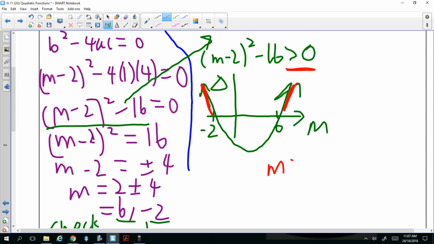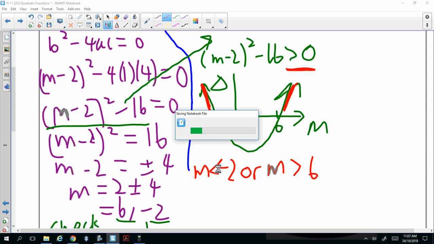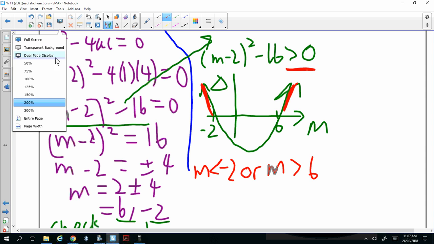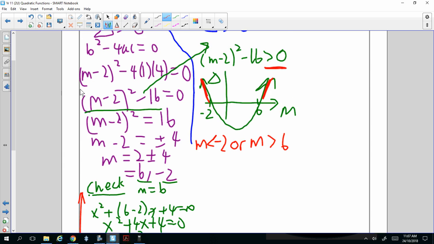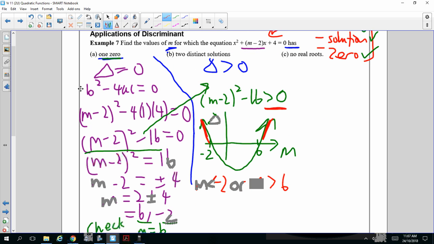Once you do the first part, the next part is very easy, because you've got most of the information you need. I solved the equation there. It's a perfect square. I square root it, and then I got 6 and -2.